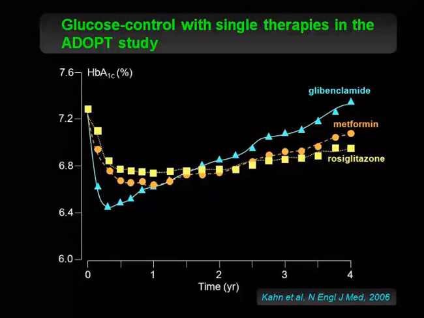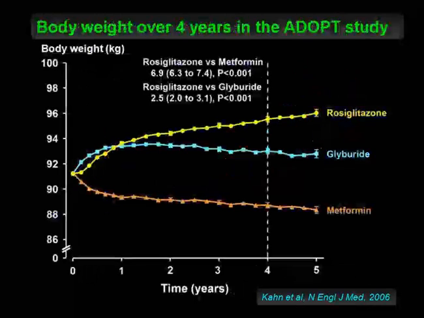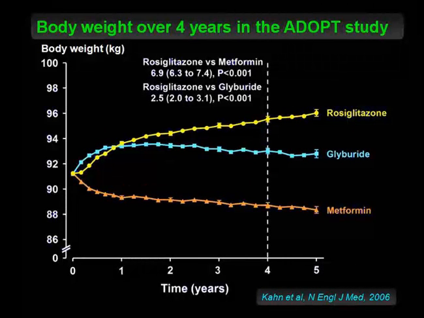So thiazolidinediones actually give you, at 1 year anyway, as good control as metformin, as sulfonylureas, longer and better at 3 years. But there is a paradox, of course, because if you look at the weight gain, they cause continuous weight gain, here's rosiglitazone, over 3 to 5 years.